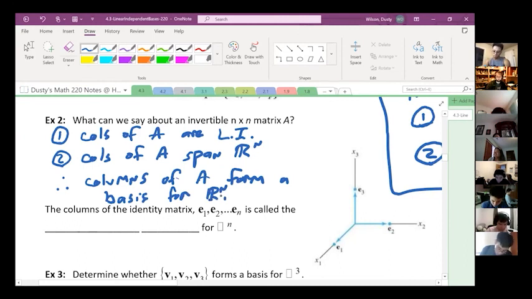Thanks also Megumi and Gerling. So the columns of the identity matrix E1, E2, En is called the standard basis for Rn.